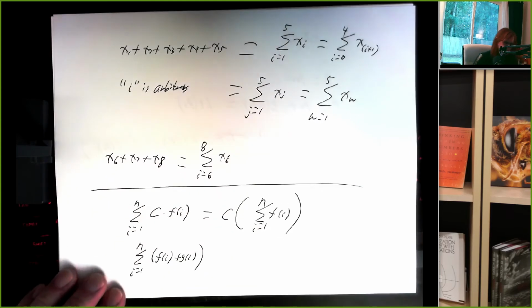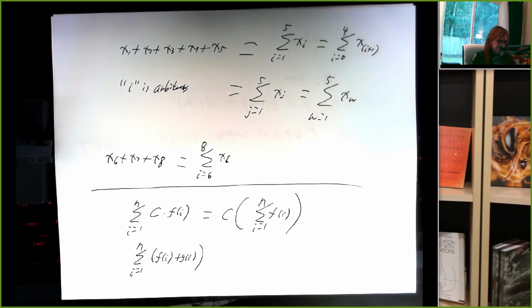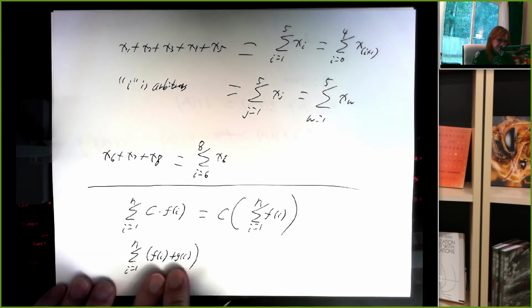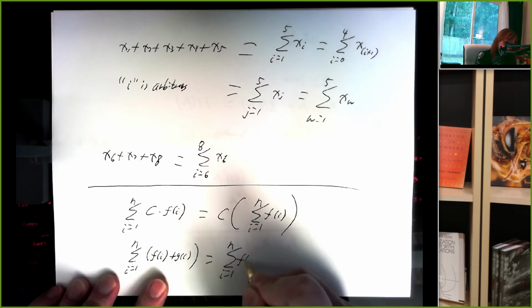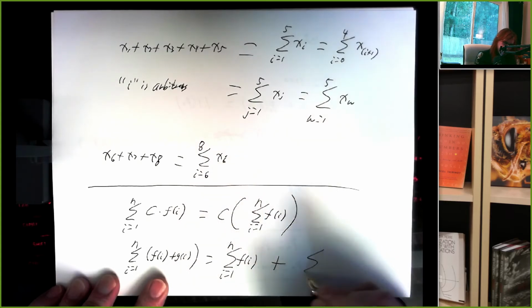If we have a pair of functions f of i and g of i, and we wanted to take the sum of f of i plus g of i, that turns out to be the same as this.